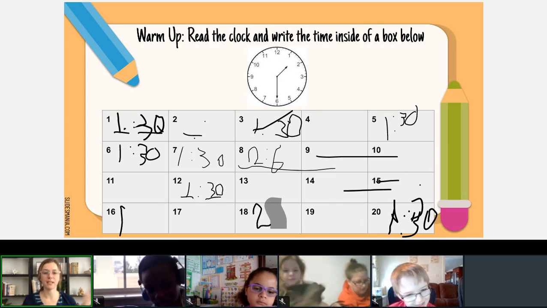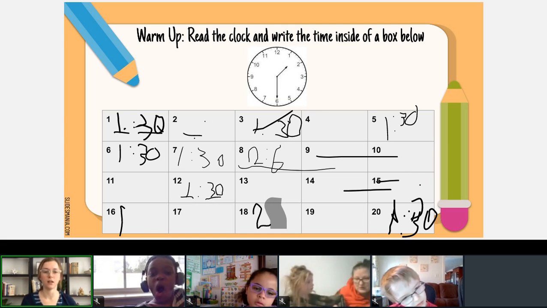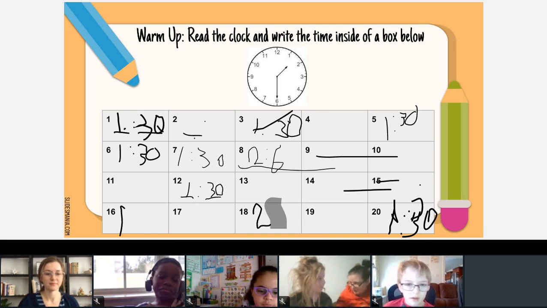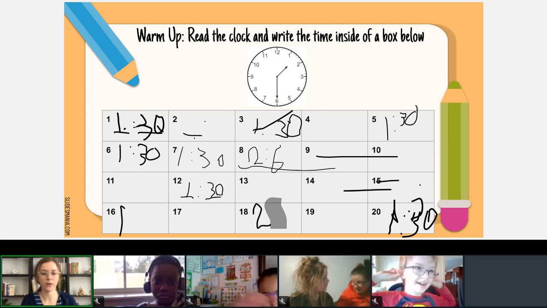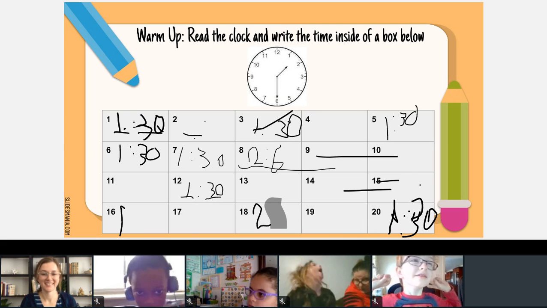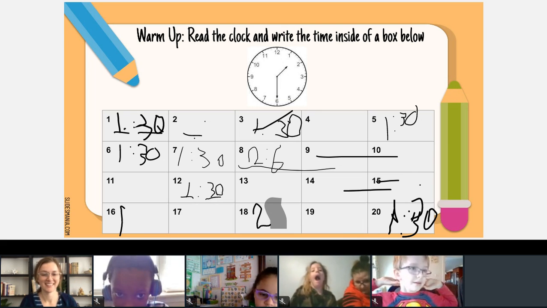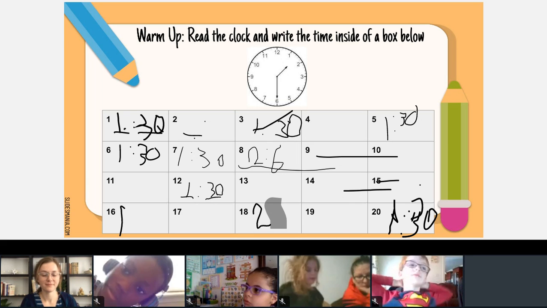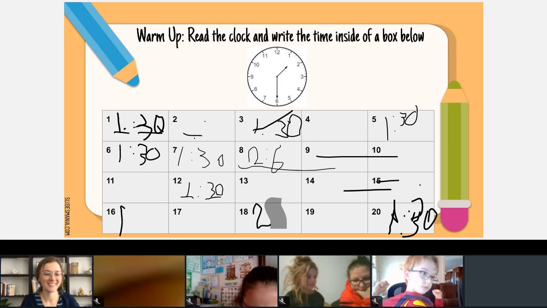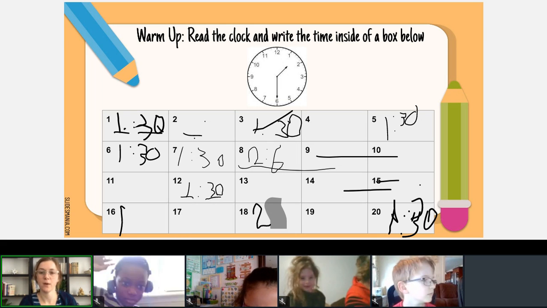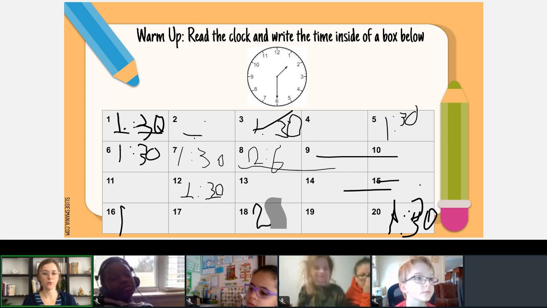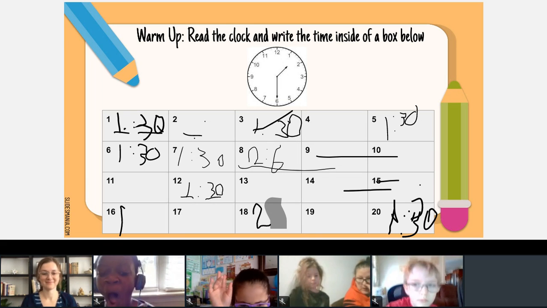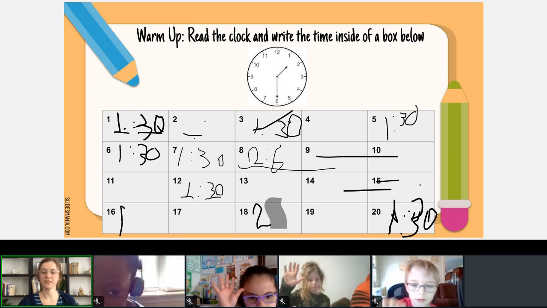Raise your hand if you can explain to me how I tell the time on this analog clock. How do I know what time it is? If you wrote your time on the screen, raise your hand if you can tell me how you wrote that. How did you know? Lily, how did you know what time it was?